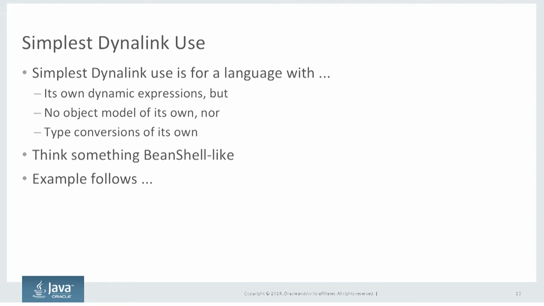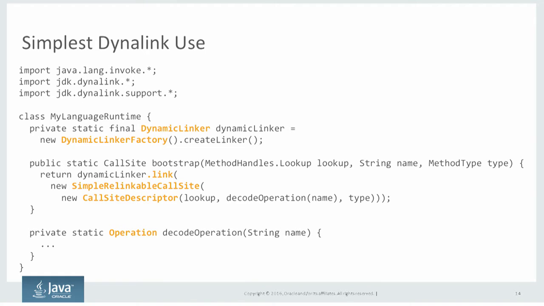Okay, more examples coming up, to illustrate the simplest possible use of Dynalink in a language implementation. The characteristics here are that the language has its own dynamic expressions, no object model of its own, and no complex type conversion rules. Here we go.